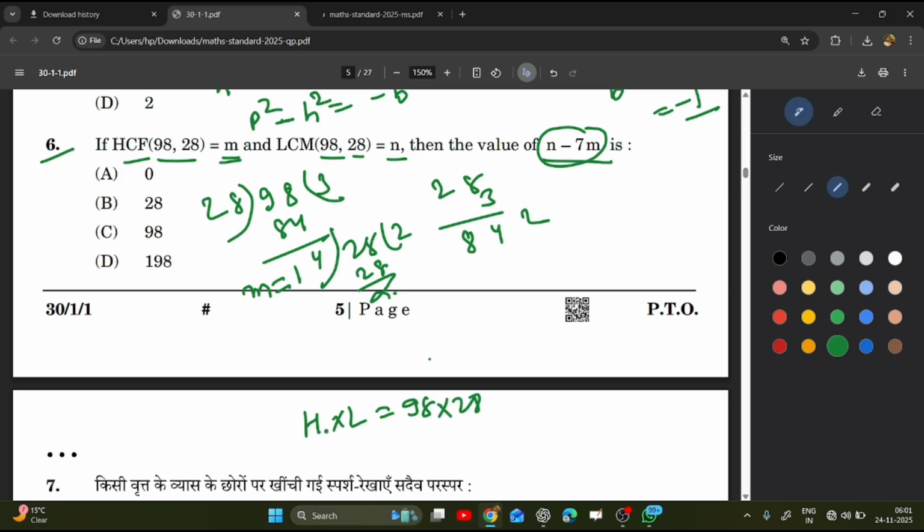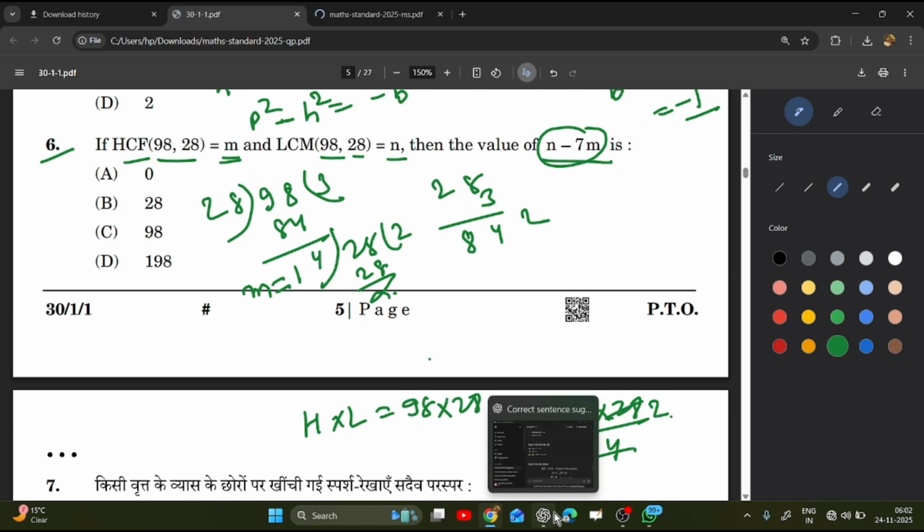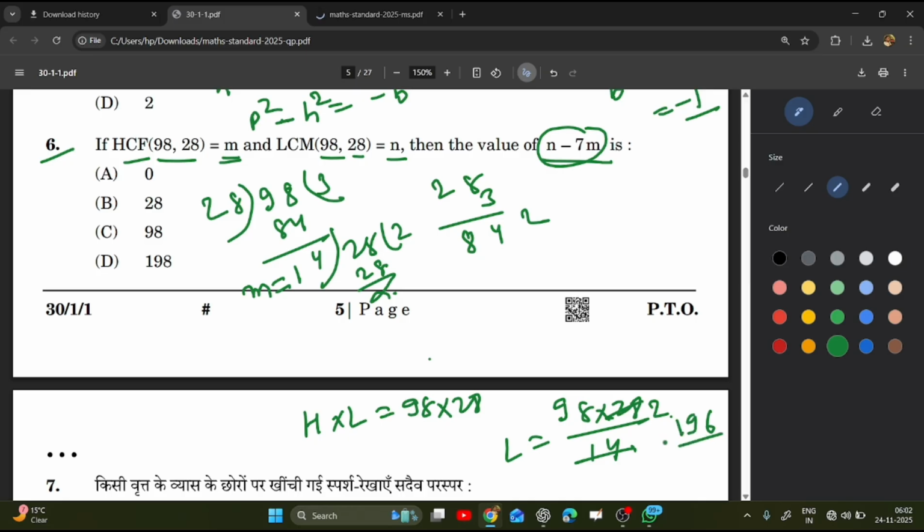The HCF is 14, so divide this product by 14, 98 into 28 by 14, and then you will get the LCM. 14 times 2 is 28, and 98 times 2 is 196. Okay, so this is your LCM, 196.